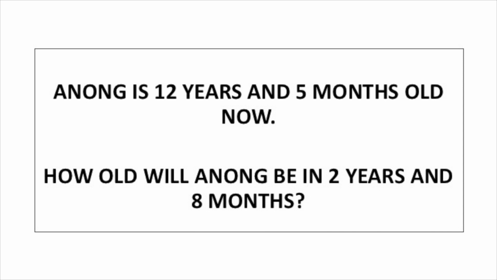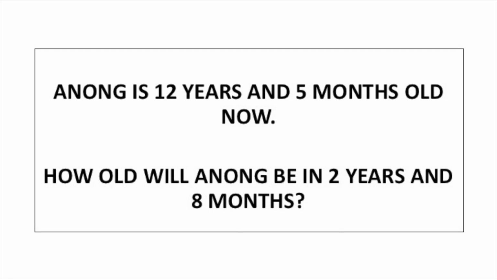Anong is 12 years and 5 months old now. How old will Anong be in 2 years and 8 months? Okay, so Anong now is 12 years and 5 months old.